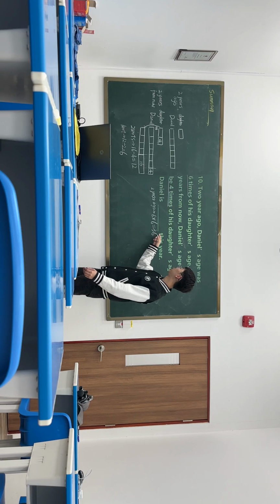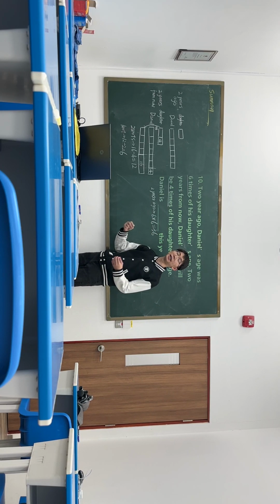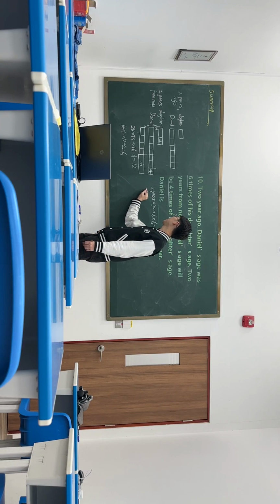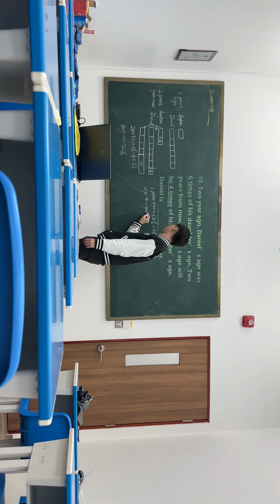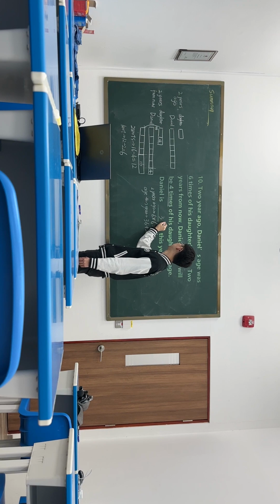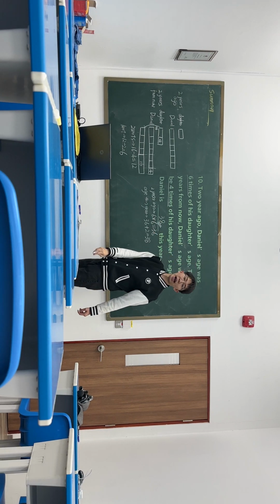And then after 2 years, it is this year. What is the age of Daniel this year? It should be 36 plus an extra 2, and that will give us 38. So Daniel is 38 years old right now.